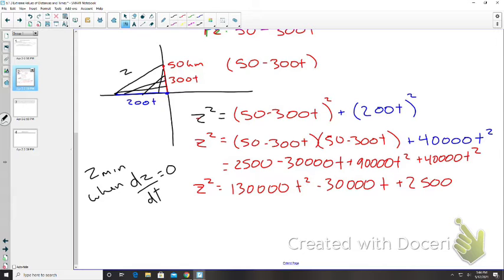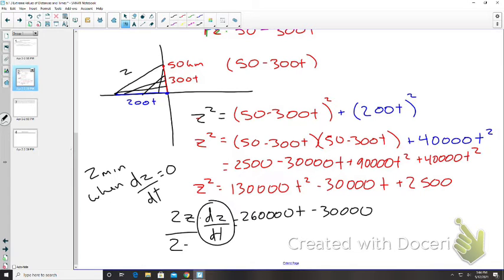So the derivative of z squared is going to be 2z multiplied by the derivative of z with respect to t, is equal to the derivative of 130,000 t squared, which will be 260,000 t, minus 30,000, and then 2,500 derives to nothing. Okay, so let's solve this for our derivative. So let's divide both sides by 2z.